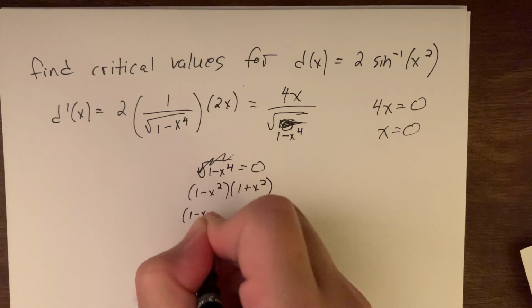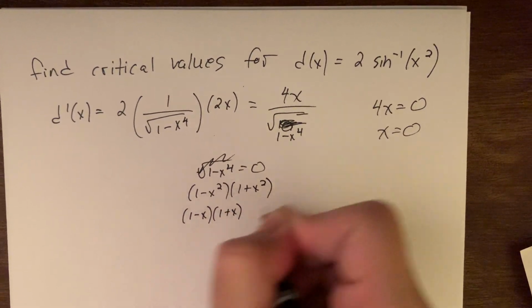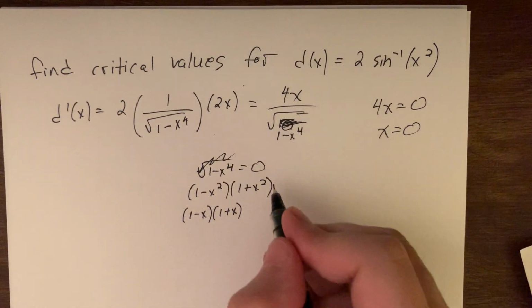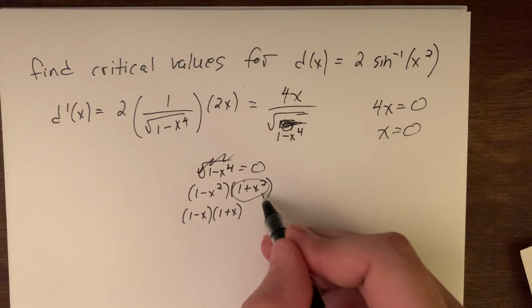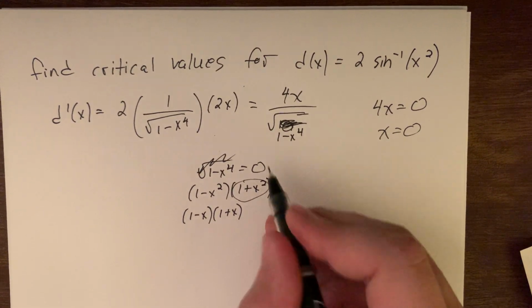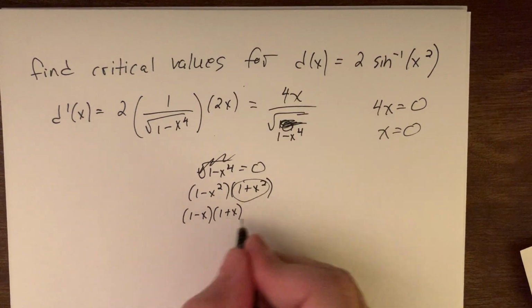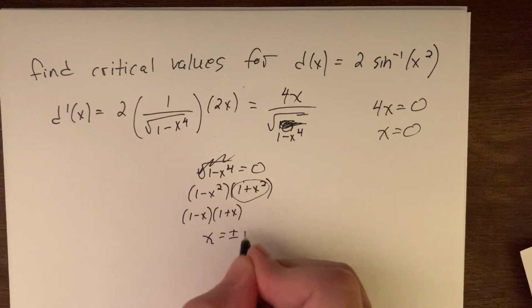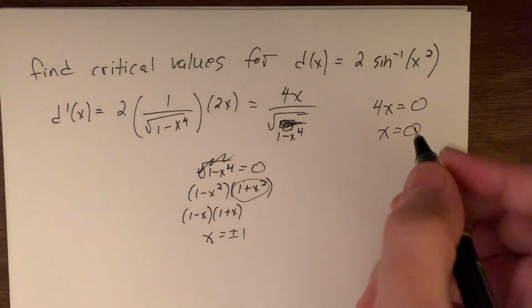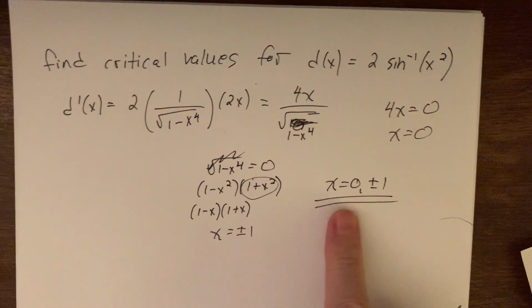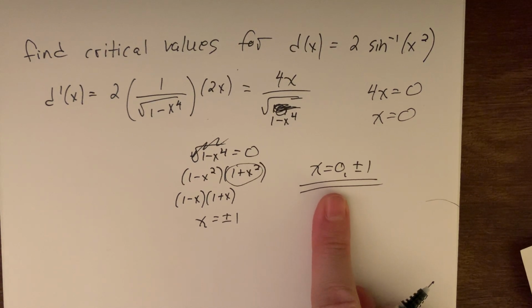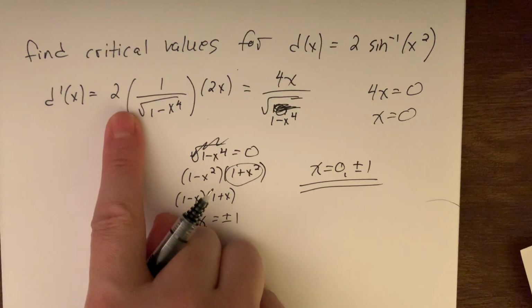This one can still keep going. 1 minus x, 1 plus x. This one, when you set equal to 0, you get no solution. X squared equals -1. We're not getting any imaginaries, but each of these will get x is plus or minus 1. So all of these are the critical values for this function.